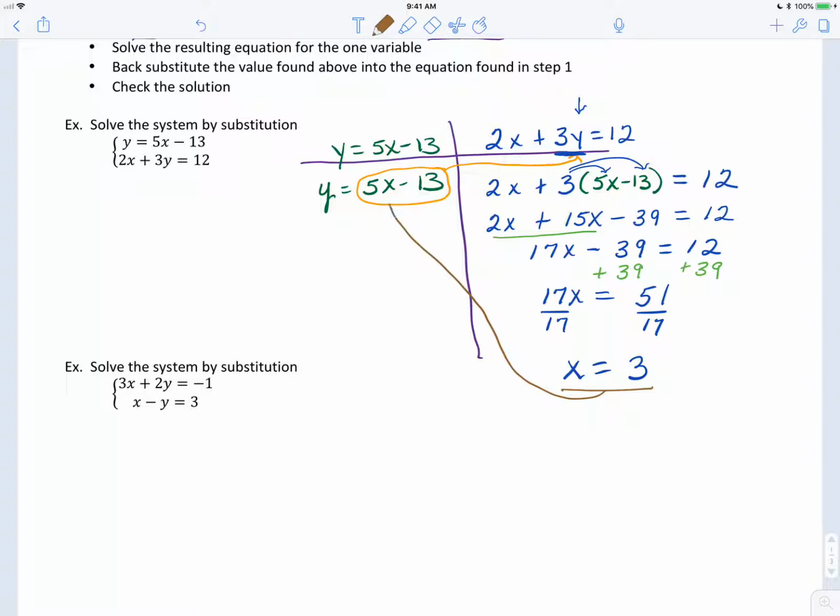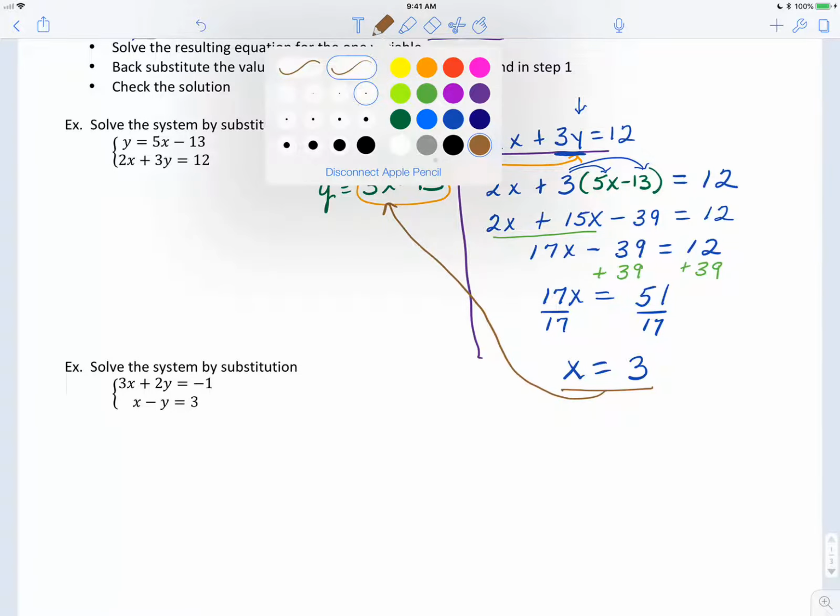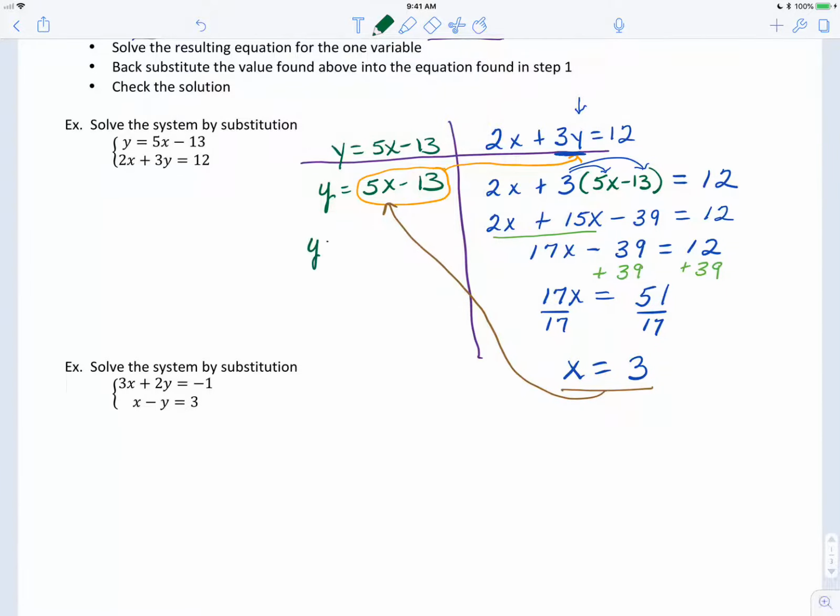So now we're going to substitute it back in over here and solve for the y variable. So y is equal to 5 times x, which we now know is 3, minus the 13. So y is equal to 5 times 3 is 15, minus 13, so y is 2.